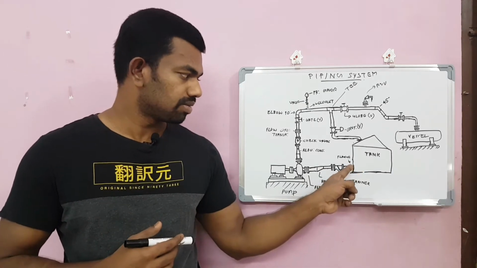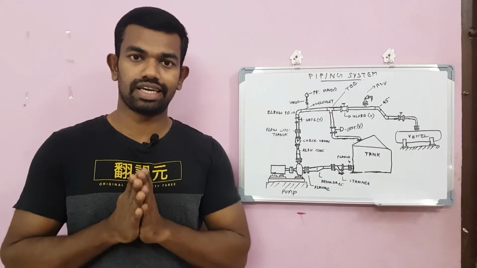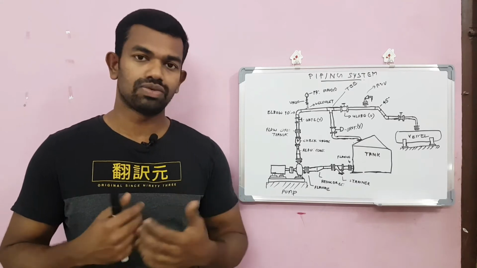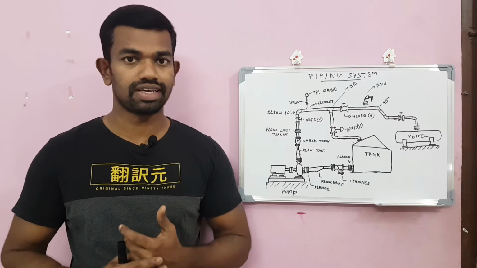A gasket is the component coming in between two flanges to prevent leaking between them. That is the purpose of the gasket. It also comes in different types, metallic gaskets and non-metallic gaskets.